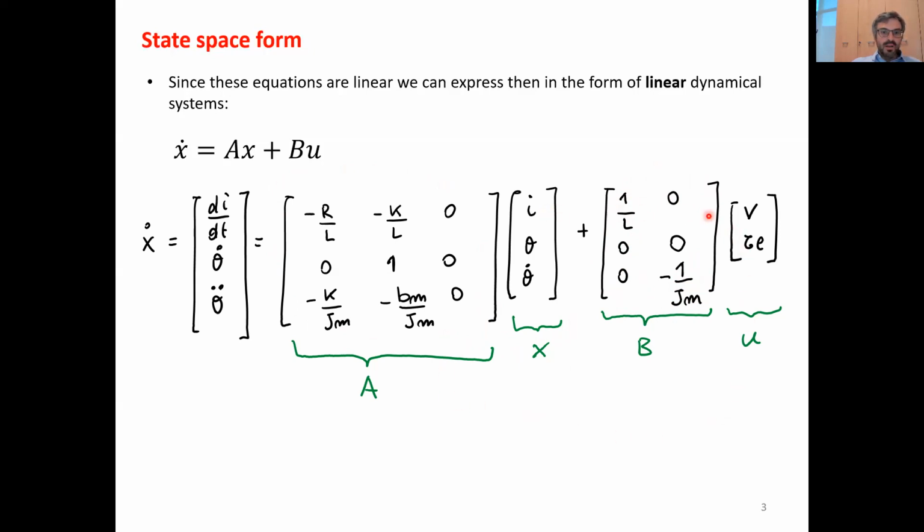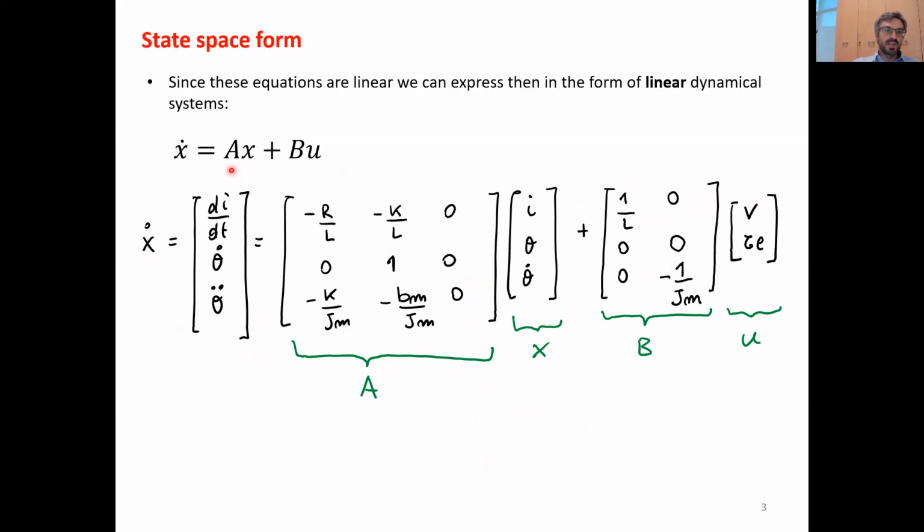So here, what was missing in our electrical equation was V over L, and we see that this entry multiplies V, and this one is multiplied by tau L, and will affect only the torque, the mechanical dynamics. So this is a state space form. The peculiarity is that it has first derivative of the state and a state matrix.